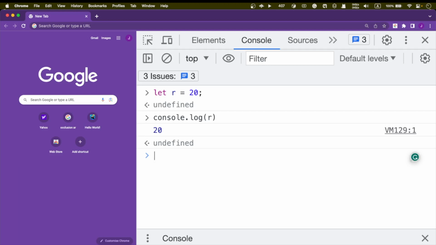If you want to calculate the area of a circle, you need to know r as well as pi, which is short for 3.14.